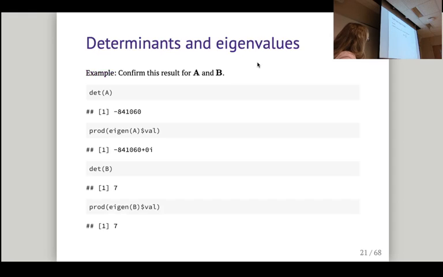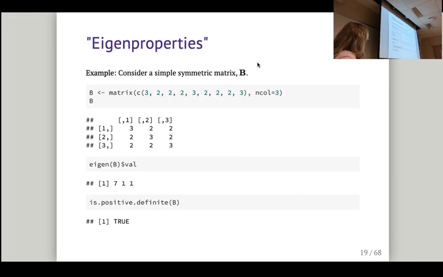Going back to our examples A and B, B is a defective matrix. B is defective because two of its eigenvalues repeat. The first eigenvalue is 7, the second is 1, the third is 1.